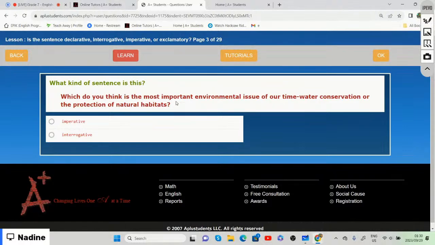Water conservation or the protection of natural habitats?